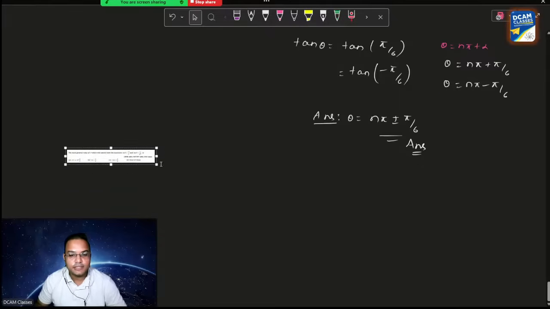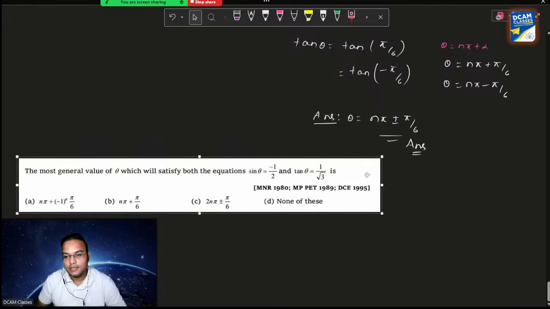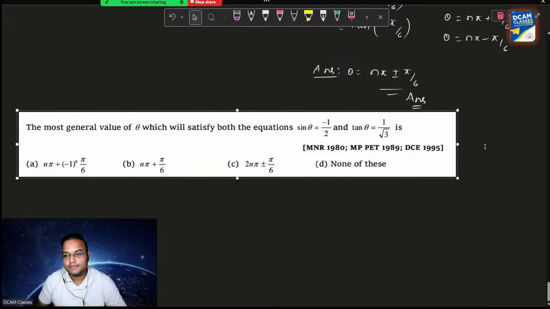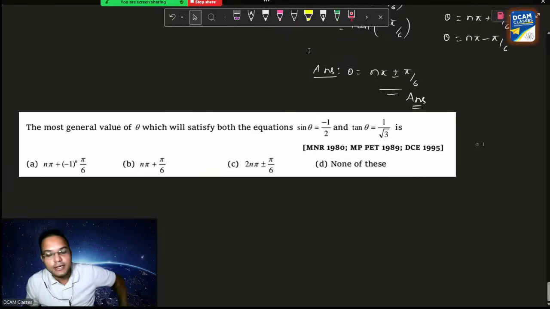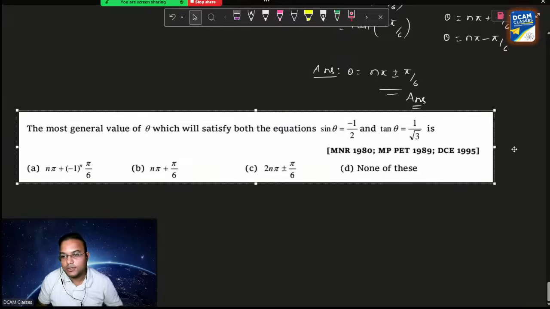I got both the equations to be the same, logically the same. Whatever method you use, try to rectify that mistake and you should be getting the same answer. Okay. Now try to solve this one.